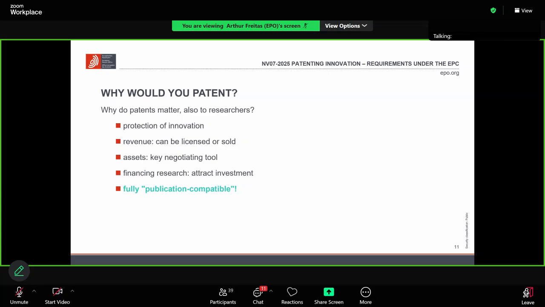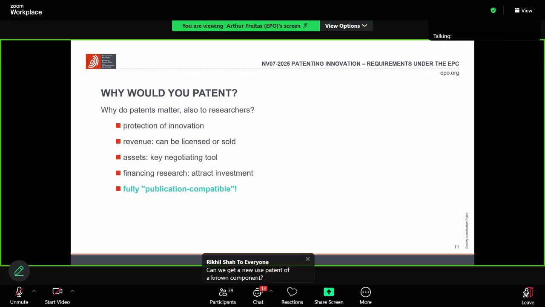All right, so why would you even bother patenting? Why do patents matter also to researchers? Imagine you have groundbreaking research, something that could have a great impact on a given industry. Why would you bother patenting? Well, patents cost time and money, so why would you bother? Because you can protect your innovation.